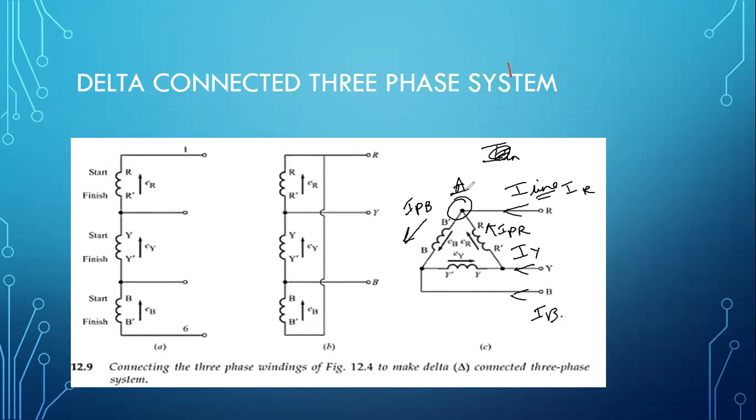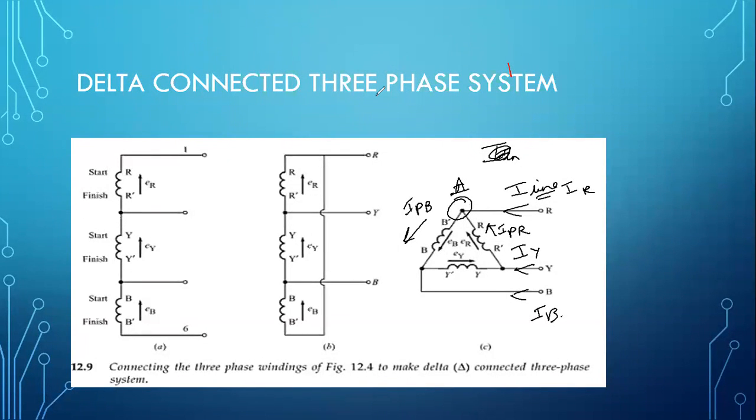What is the incoming current in node A, students? At this end, what is the incoming current? IR, sir.